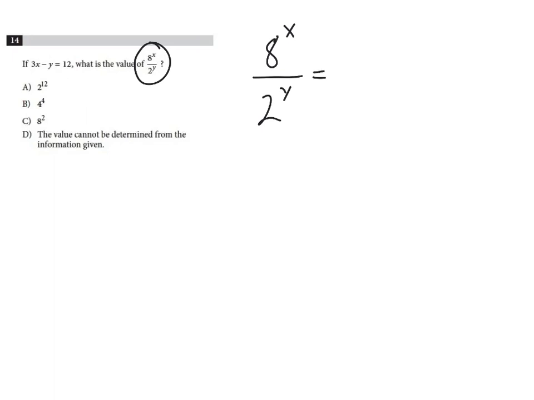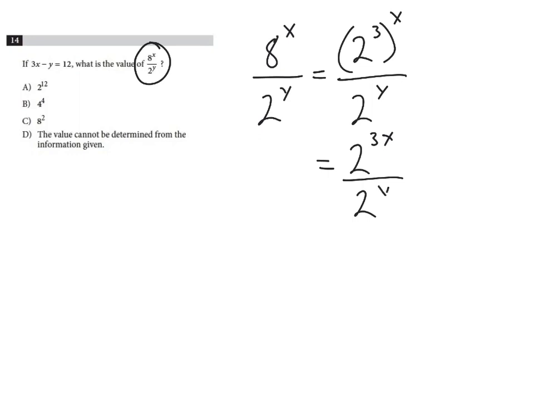I already see that 8 is really 2 to the third, so that's (2 to the third) to the x, and the denominator is just 2 to the y. I'm going to use my property of raising a power to a power. I'm going to multiply the exponents.